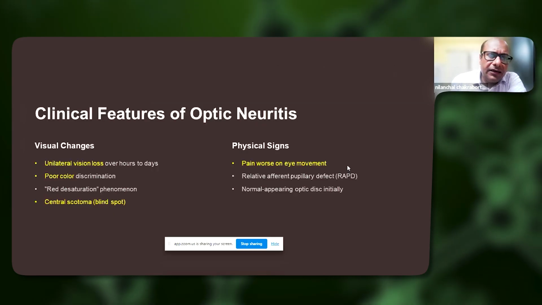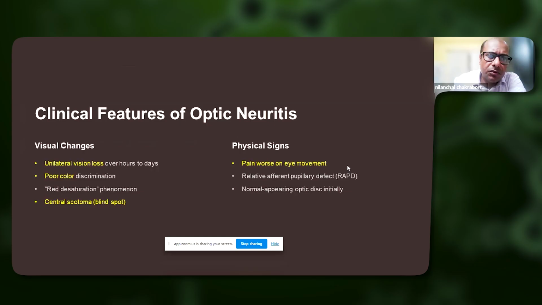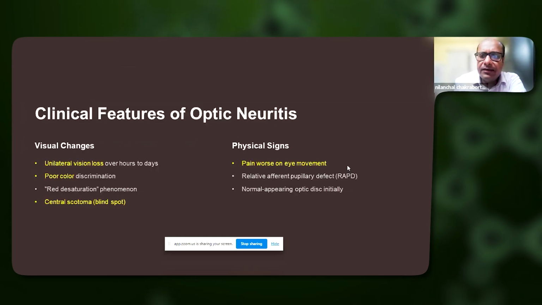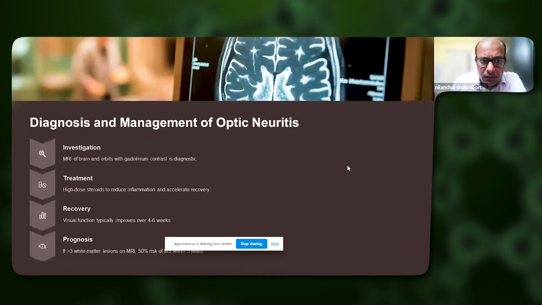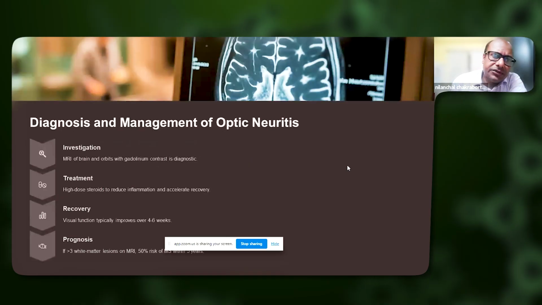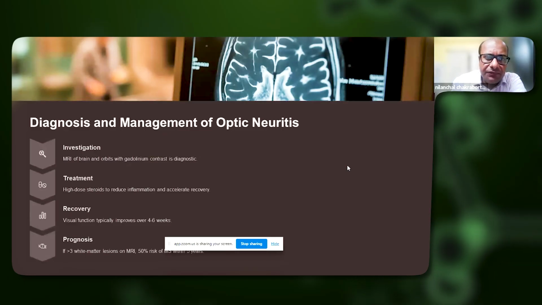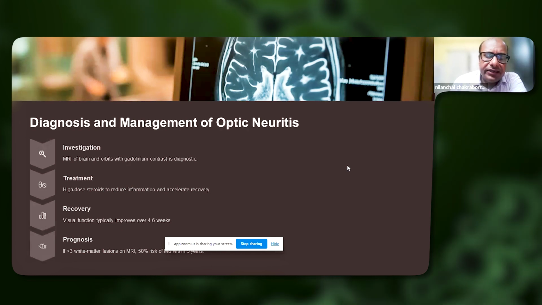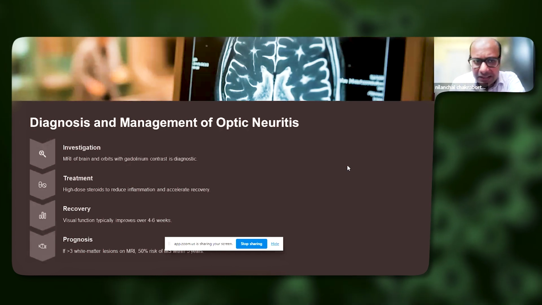So it will be unilateral vision loss, poor color discrimination, and there will be central scotoma, a blind spot in the middle of the eye, with inflammation, so pain that is worse on eye movement. Treatment is high dose steroid, as we discussed last time. Diagnosis is with MRI to find the features of inflammation in the optic nerve, and usually if it responds to steroid, the visual function recovers in 4 to 6 weeks.